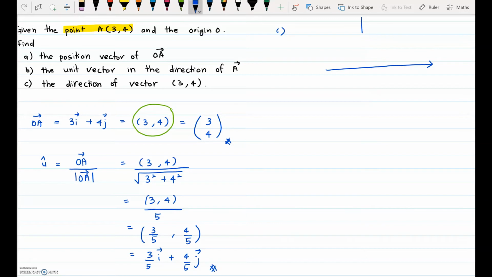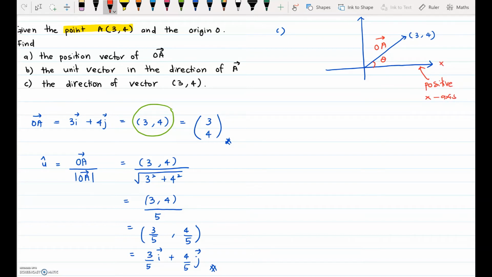Theta, or the angle, is the angle between the vector OA and the positive x-axis.